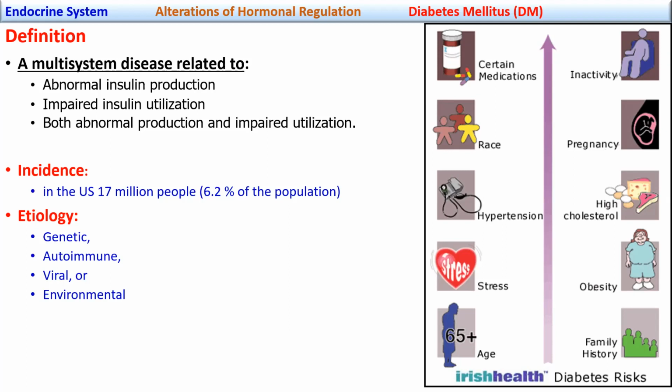Diabetes mellitus is the leading cause of heart disease, stroke, adult blindness, and non-traumatic lower limb amputations.